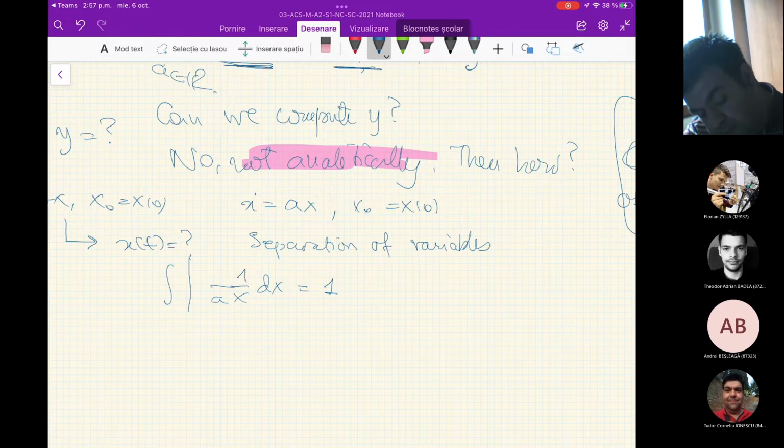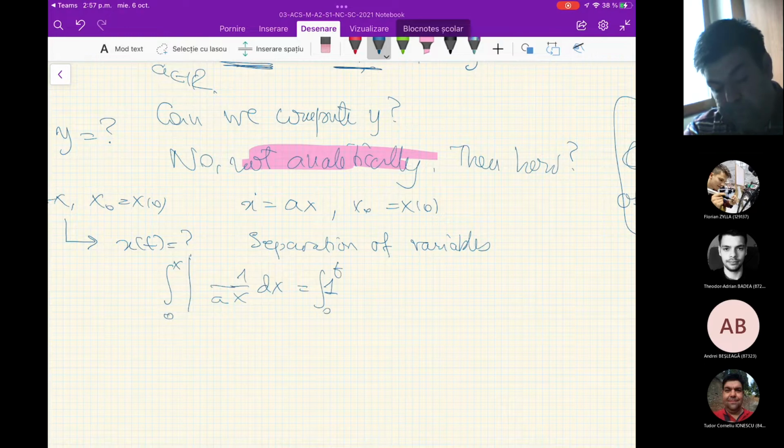On the left part you integrate from x0 to x, and on the right part you integrate from 0 to t.